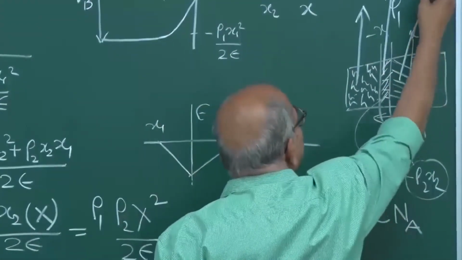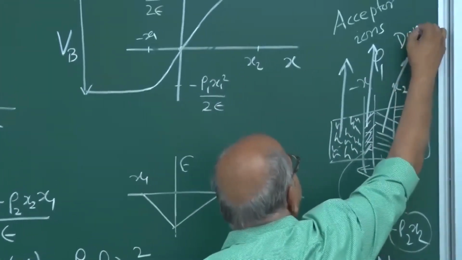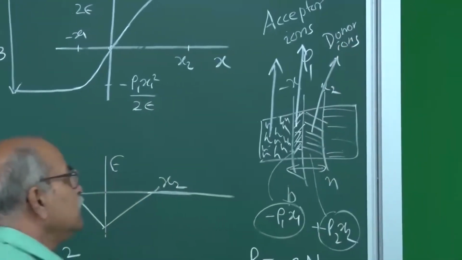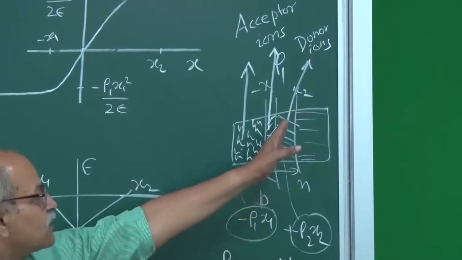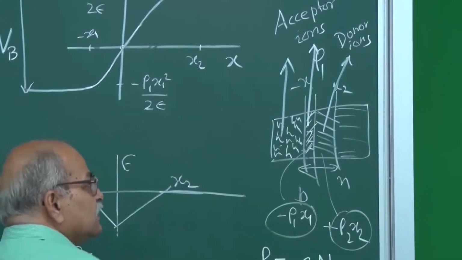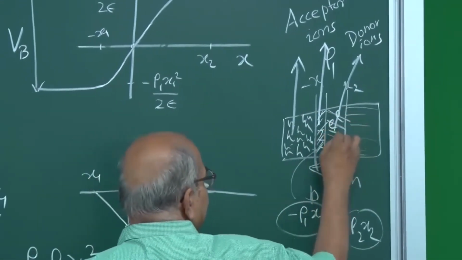On this side you have put donor ions. If it is silicon, you have put pentavalent impurities here, and this pentavalent impurity comes with extra electrons.